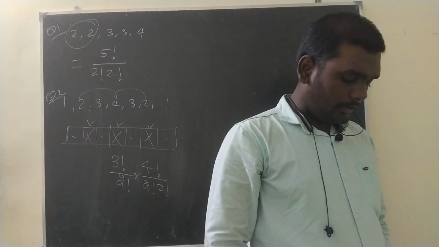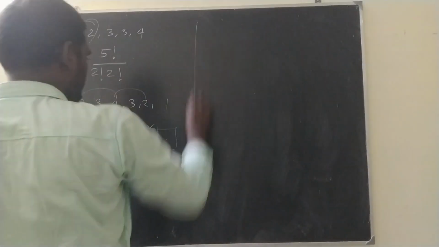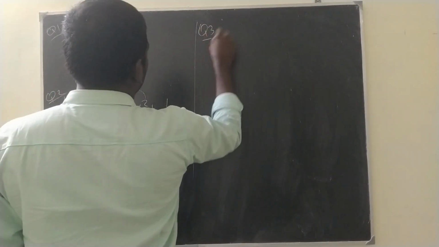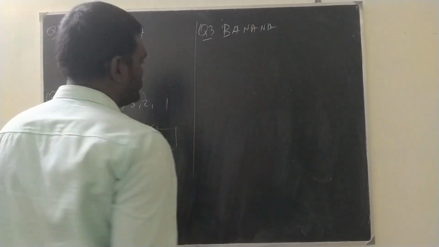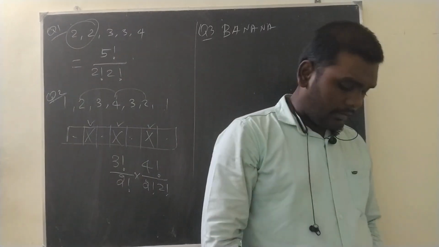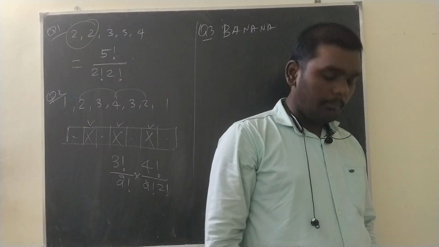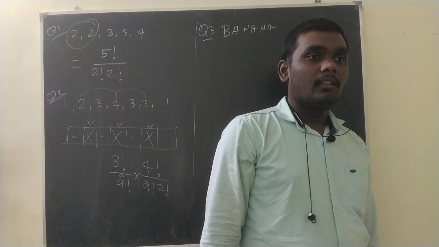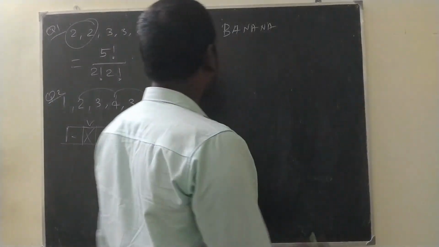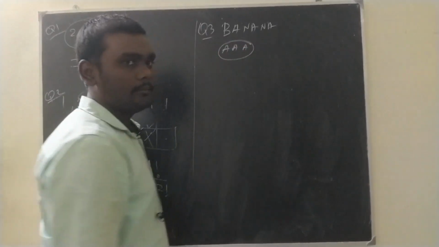Next, BANANA, question number 3. The word BANANA is arranged so that all the A's come together. Then we should consider all the A's together as 1.